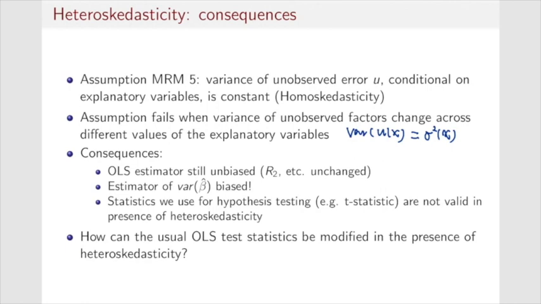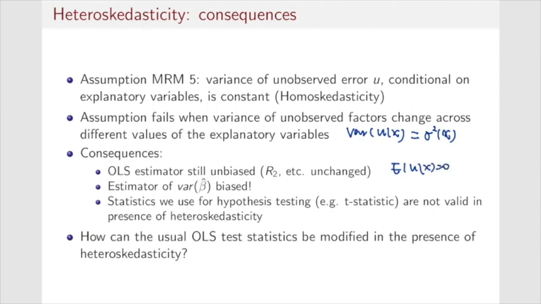What are the consequences of heteroscedasticity? First, we will still obtain unbiased estimators from OLS regression. The unbiasedness property of the OLS estimator mainly depends on the conditional zero mean assumption.